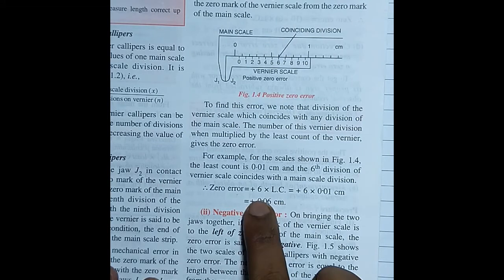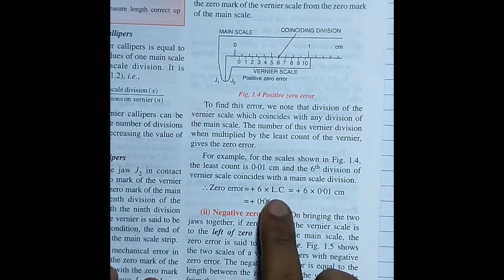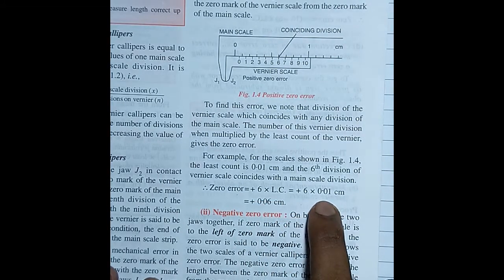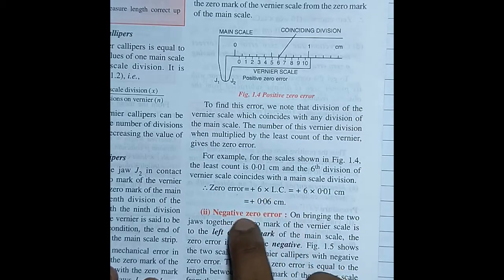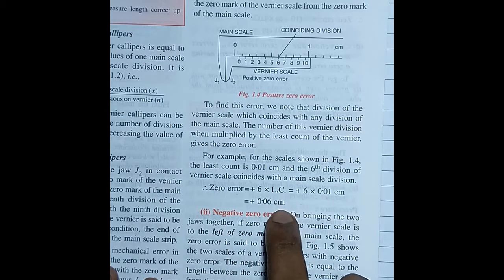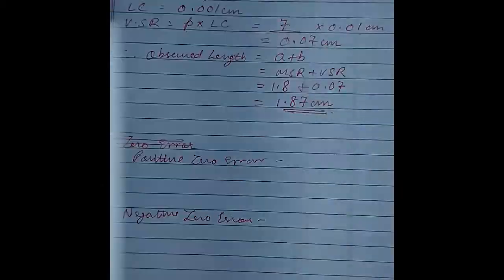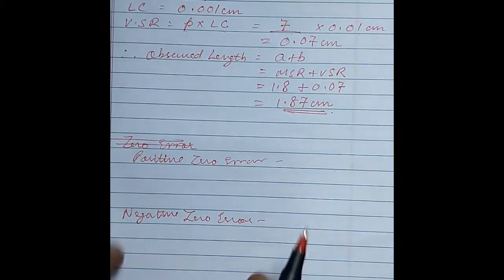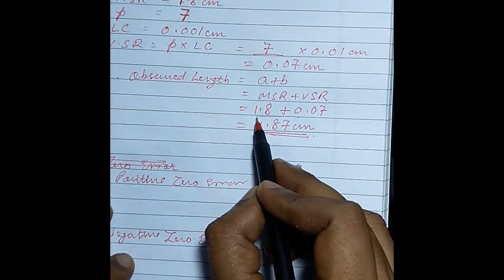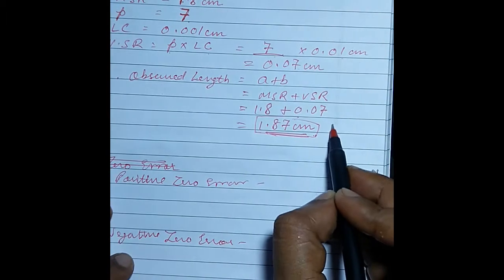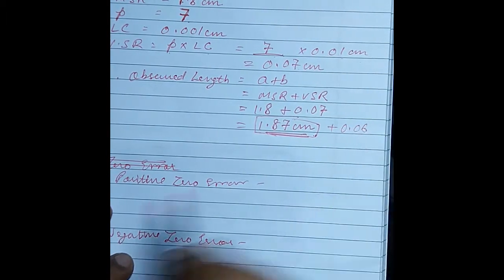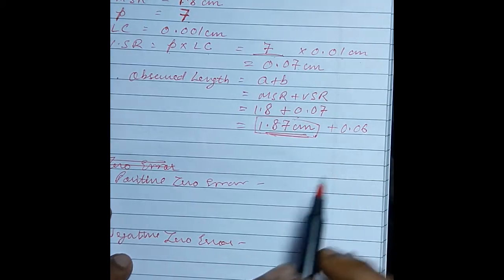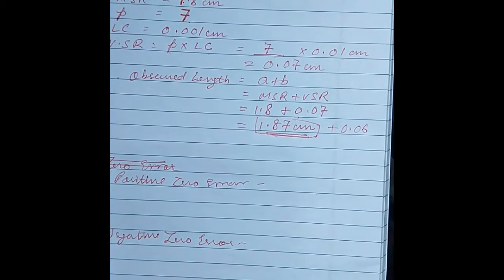Since it is a positive zero error, we are doing plus 6 into the least count. Least count we know as 0.01 centimeter. So plus 0.06. Once we get the zero error, whatever the measurement we are having, we will just add that 0.06 to it. So this is how we deal with a positive zero error.